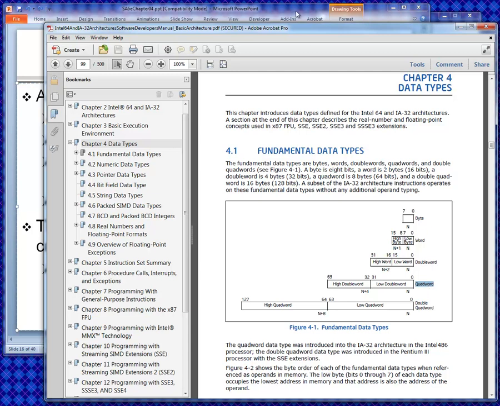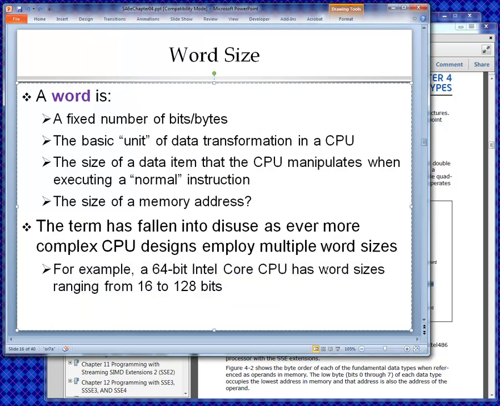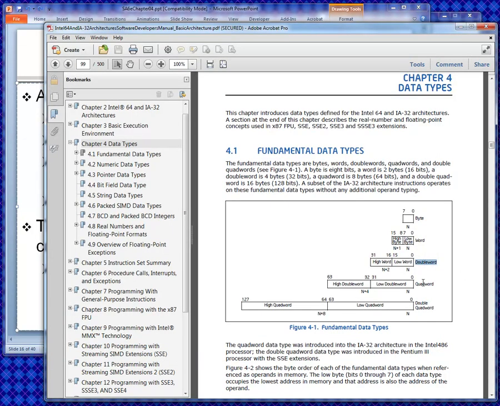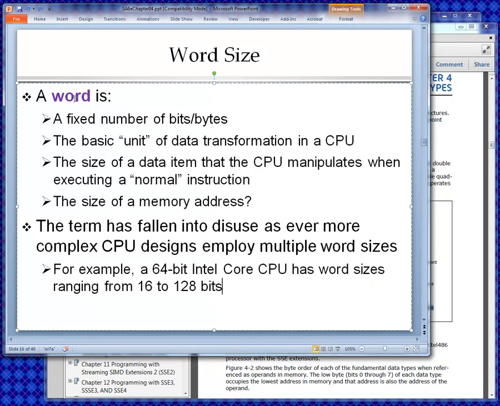As that figure quite aptly illustrated, we've got word sizes running from 16 to 128 bits, from word to double word to quad word to double quad word. So this whole issue of word size has gotten a little more complicated. It's probably a little easier to think of it in terms of memory addresses. A modern Intel CPU since about 2004, 2005 has used 64-bit memory addresses.